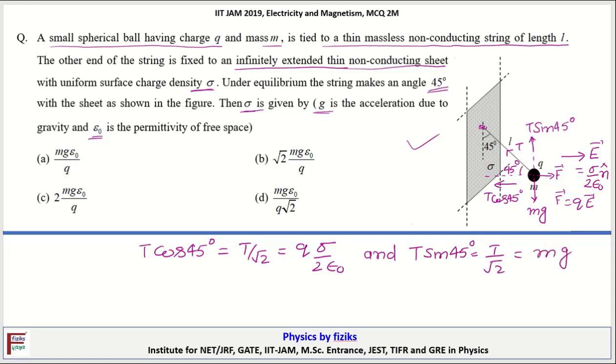So we can equate these two. We will get sigma by twice epsilon naught is equal to mg, and this will give sigma is twice mg epsilon naught by Q. So option C is correct.